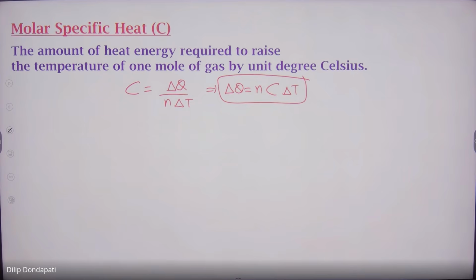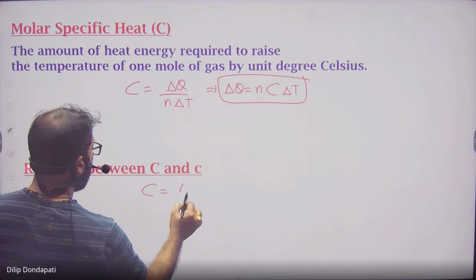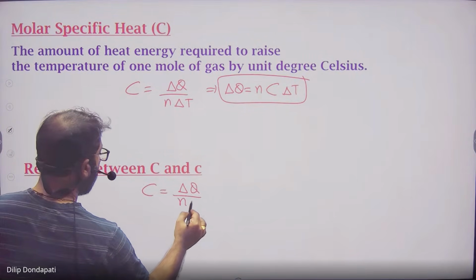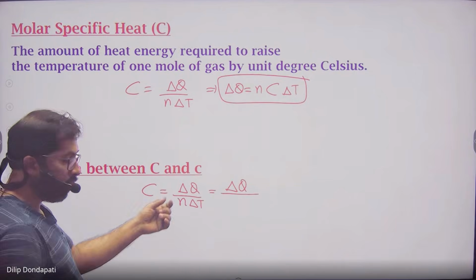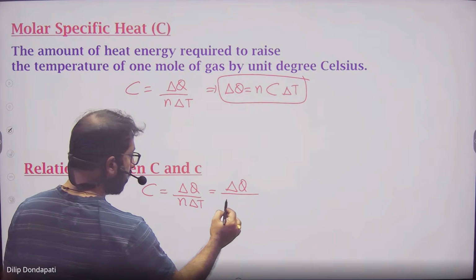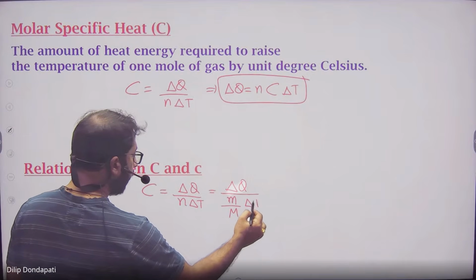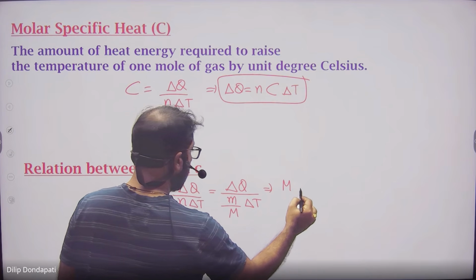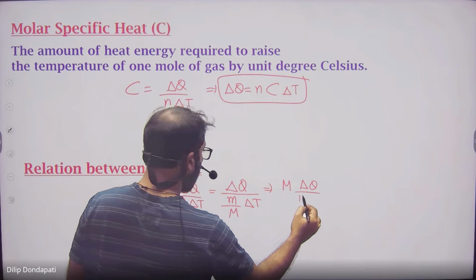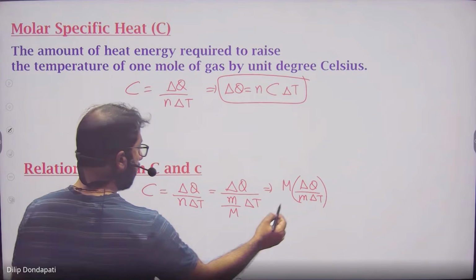And we have a relationship between them also, the relationship between capital C and small c. Capital C is delta Q by n delta T, and n is given mass by molar mass, the formula for the number of moles. So capital C is delta Q by (given mass by molar mass) into delta T. Now cross multiply: capital M delta Q by m delta T. And delta Q by m delta T is nothing but small c.